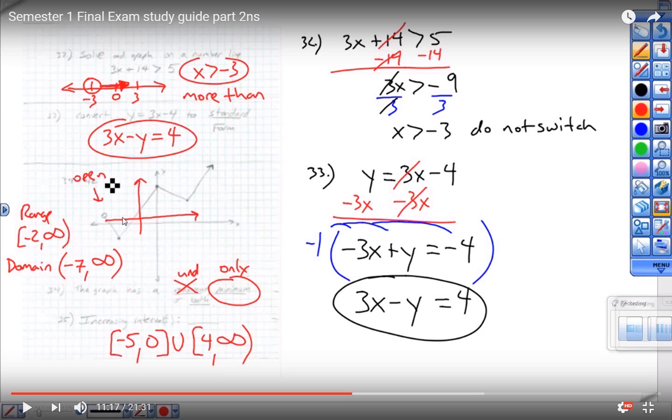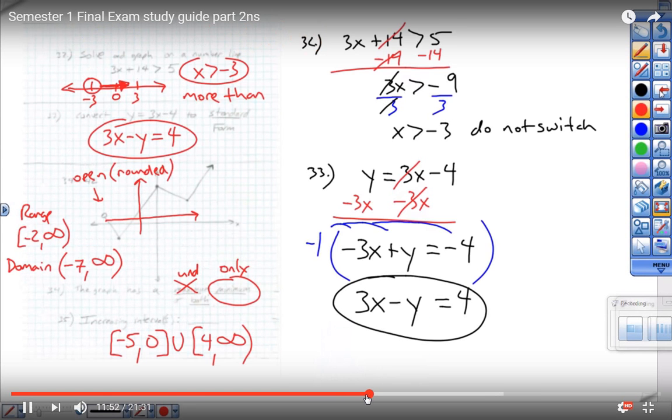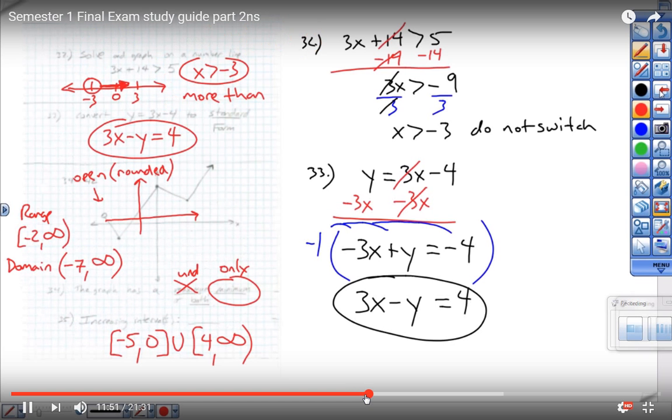Domain measured from left to right where it lines up through the x-axis from negative 7 rounded to positive infinity. So that would be my range and my domain. And then again, that would be, yep, negative 7.